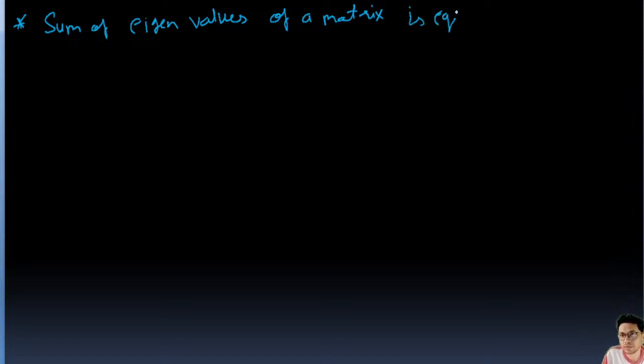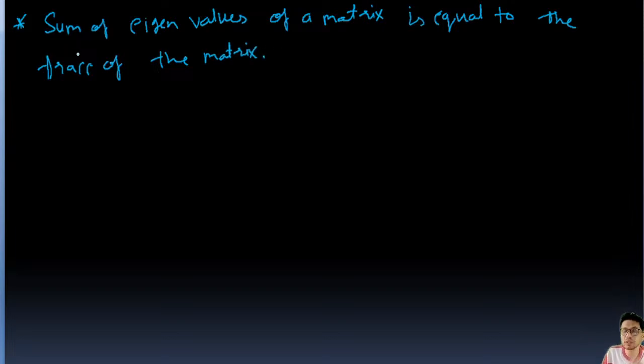The sum of eigenvalues of a matrix is equal to the trace of the matrix.